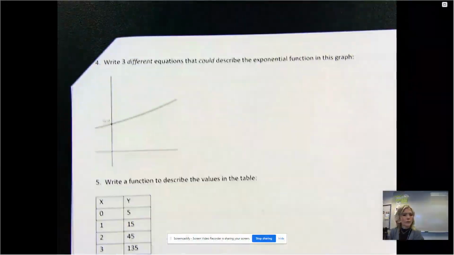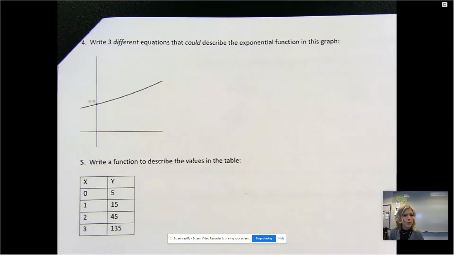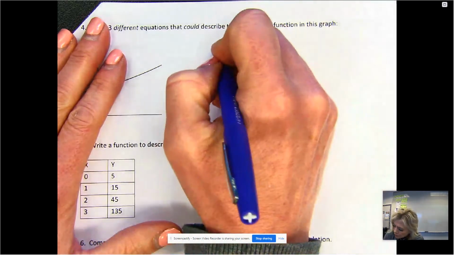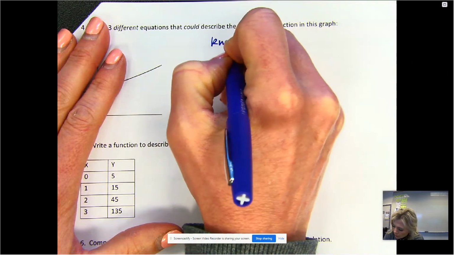Next, here, it says write 3 different equations that could describe the exponential function in this graph. So what I know about this function is it has an initial value of 3, and I also know that it's showing exponential growth. So I know 2 things.